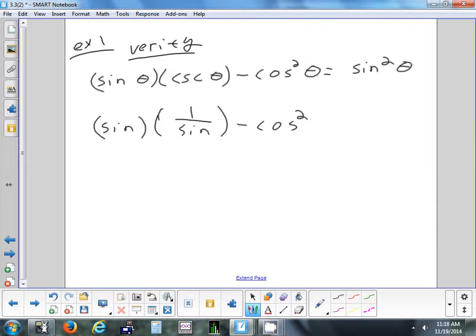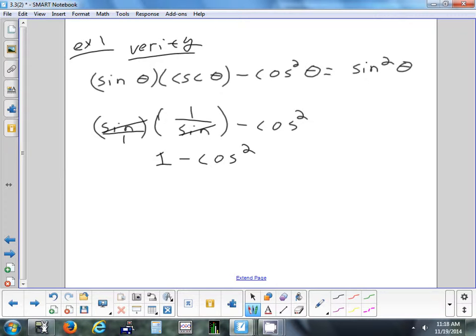Now what happens when you take sine times 1 divided by sine? They cancel out. If you're not sure why, just go like that. What are you left with before cosine squared now? You have a 1. 1 minus cosine squared.